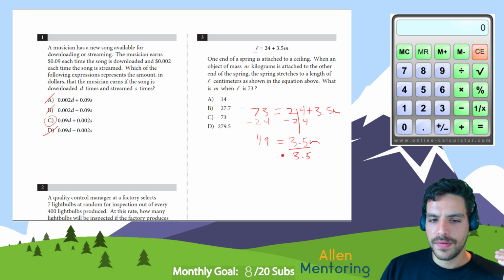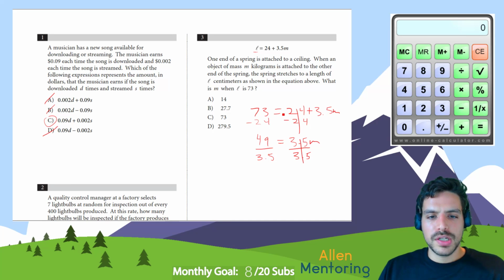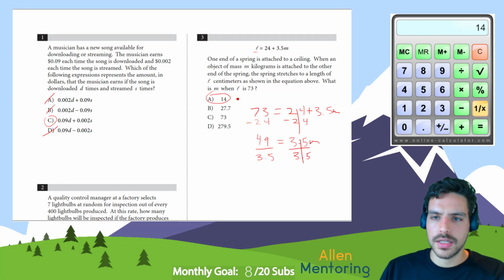Dividing by 3.5. So we're going to divide on both sides. This gets crossed out. So what is 49 divided by 3.5? Let's use the handy dandy calculator. 49 divided by 3.5 is 14. That's simple enough. 14 is our answer.